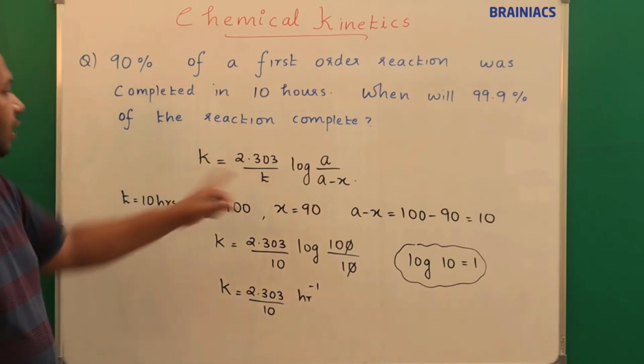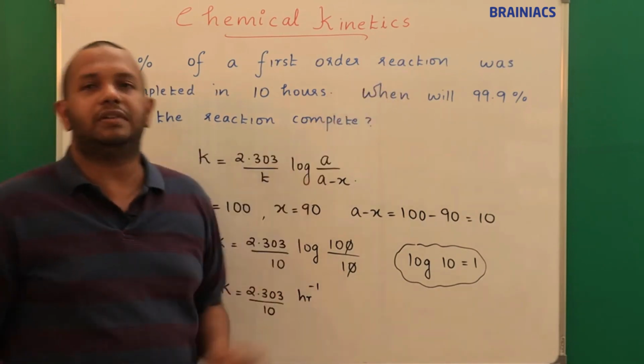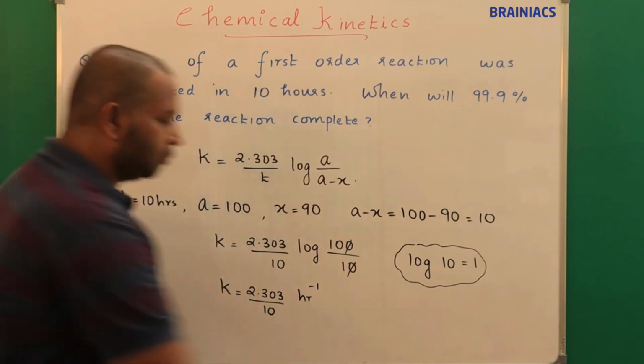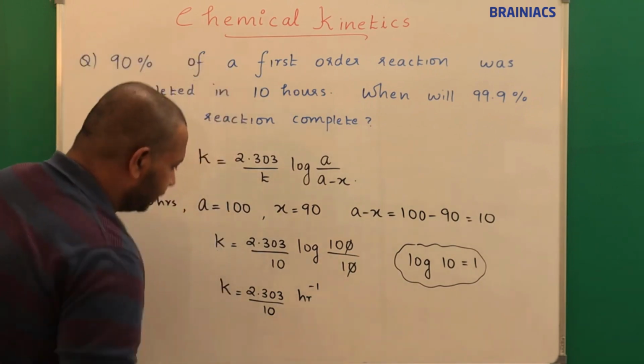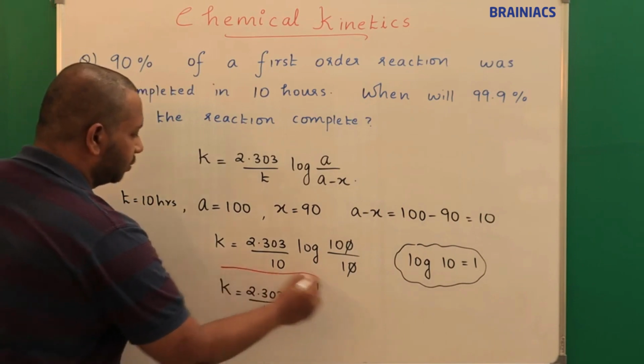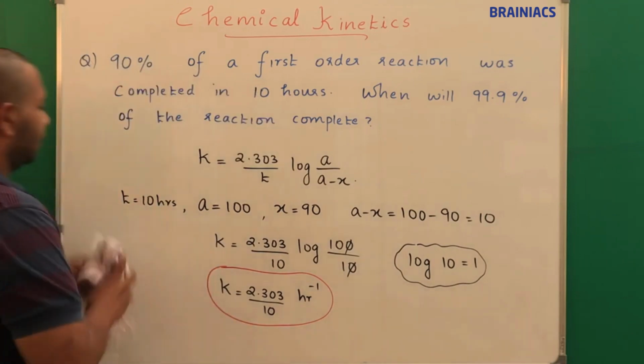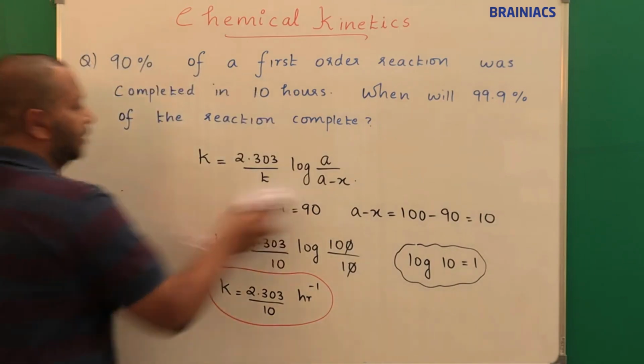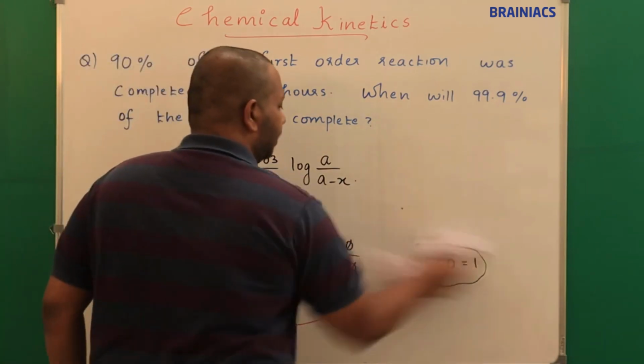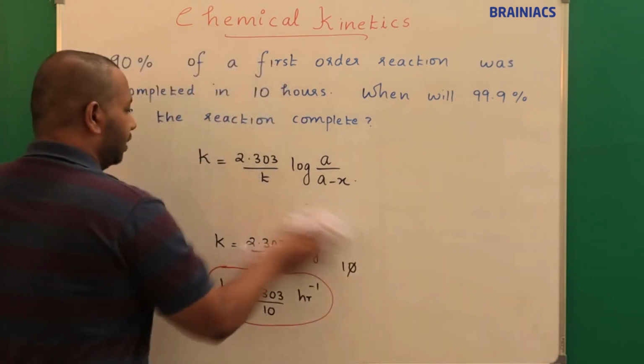Now we need to calculate in the same equation for 99.9%. So how will this get modified? This k value you should remember now. Now we will use the same equation, but the condition is different. I can remove this.